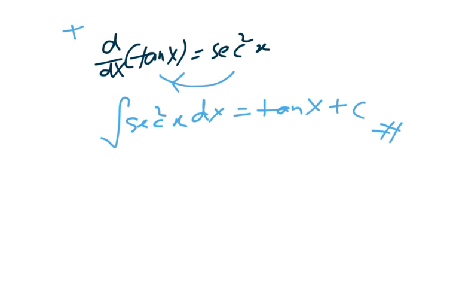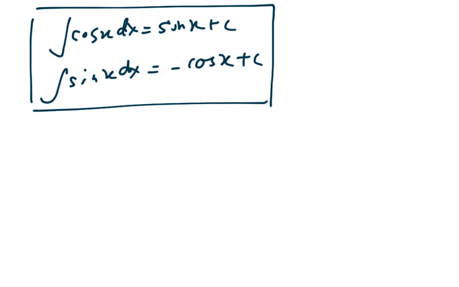But not to worry, because this particular integration is not in your syllabus. So we have learned about integration of cosine of x equivalents to sine of x plus c. Also integration of sine of x dx equivalents to negative cosine of x plus c.